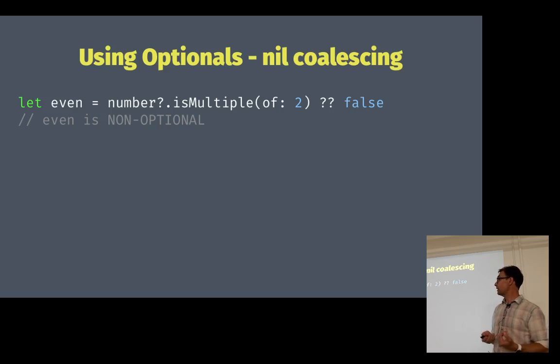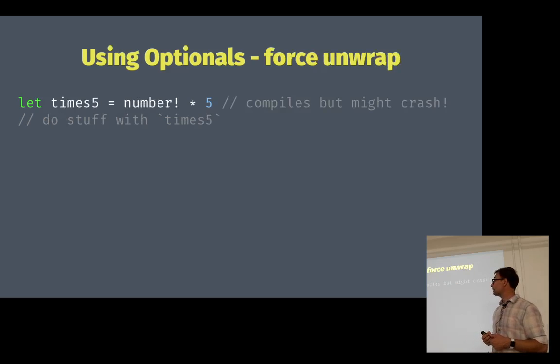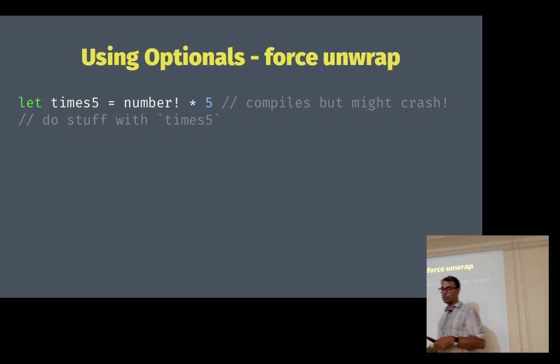All right, so let's say we can't do chaining. We actually need to pass a value through to a method or something where it requires a non-optional value. We can get at that using a force unwrap. So in this case, we're wanting to use mathematical operators. What we can do is force unwrap. This is the exclamation mark.